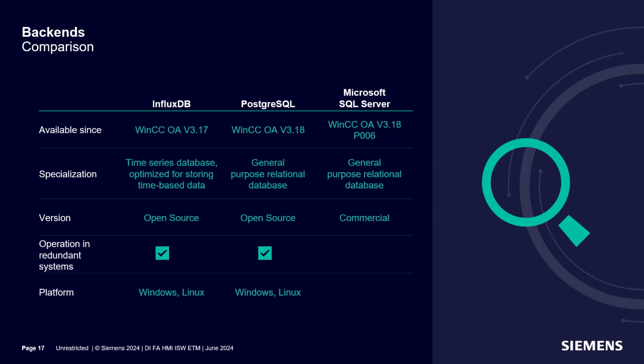Unlike the other two, this one is a commercial product. It operates on Windows for both the database and client, but you can also use a Linux client. And yes, it supports redundant systems as well. So, in summary, all 3 databases support redundant systems and run on multiple platforms, but they differ in their specialization, licensing, and the specific versions of WinCC OA they were introduced in.